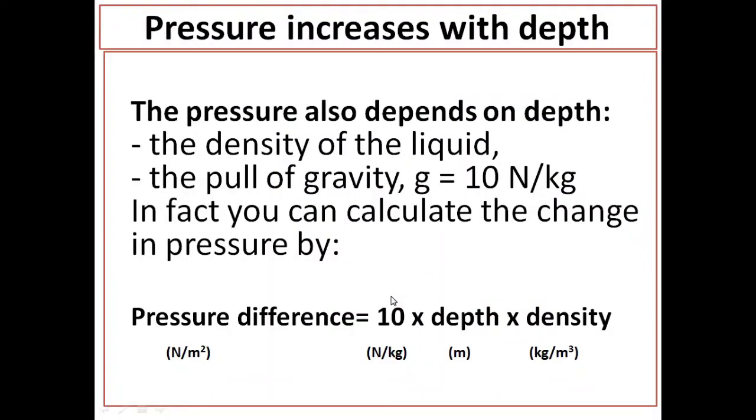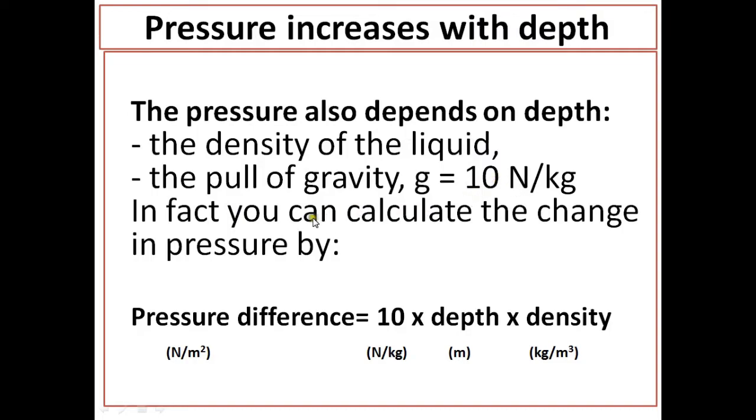Now the next part is about pressure increasing with depth. We can find the pressure by using a formula, but before that, the pressure also depends on the depth and the density of the liquid, as well as the pull of gravity, where gravity g is equal to 10 Newton per kg.